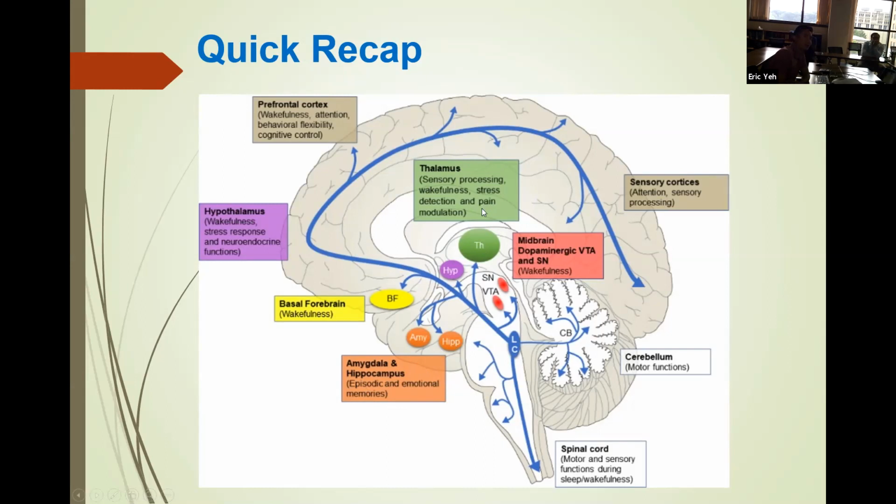Thalamus: sensory processing, wakefulness, stress detection and pain modulation. Your midbrain over here also has something to do with wakefulness, then sensory cortices, and the cerebellum for motor functions, and then of course the spinal cord down here connecting down, motor and sensory function during sleep and wakefulness.